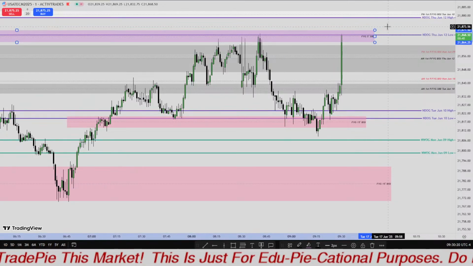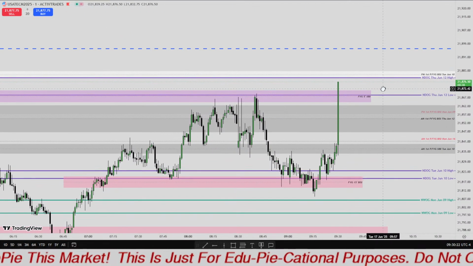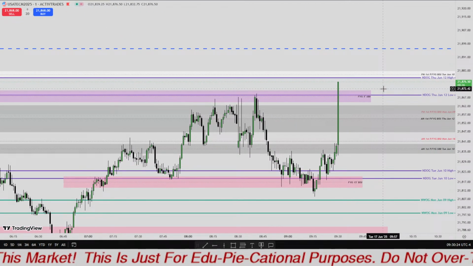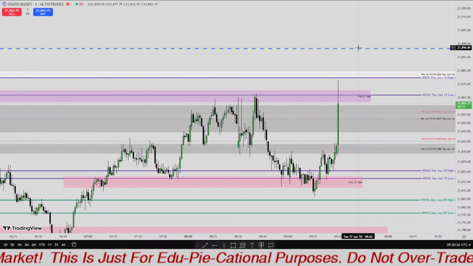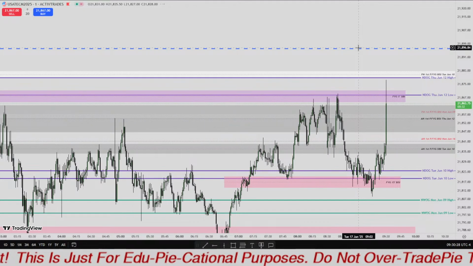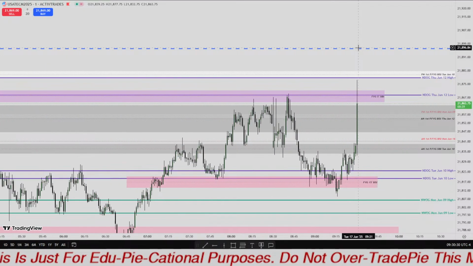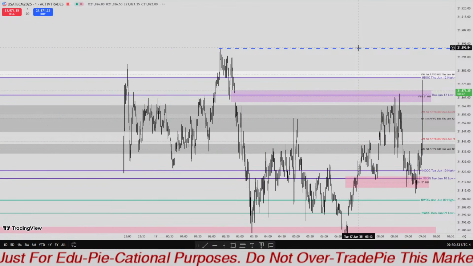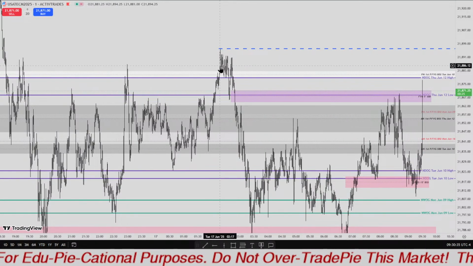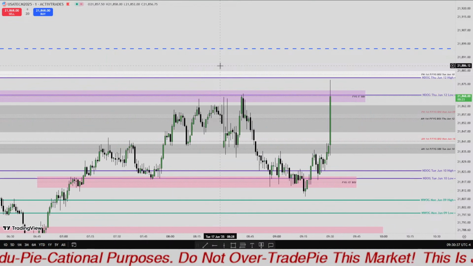Into the 5-minute CB and even traded above it. Let's see if this buy side liquidity is getting tagged. This is the high that was created in the London session.